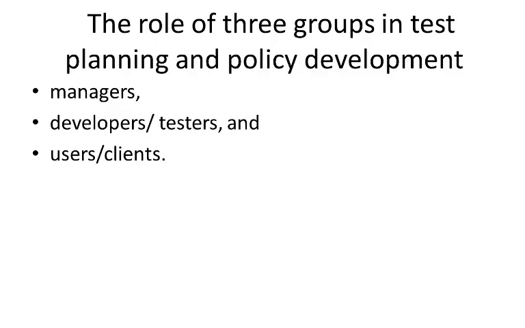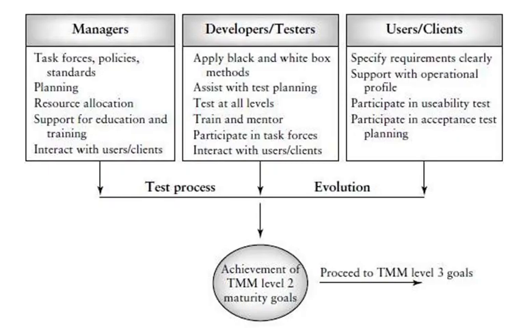Now the roles of the three groups in test planning and policy development: managers, developers and testers, and users and clients. Managers handle the task force, policy, standards, planning, resource allocation, support for execution and training, and interaction with the user clients. Developers and testers apply black and white box methods, assist with test planning, test at all levels, and train and mentor participants in the task force.